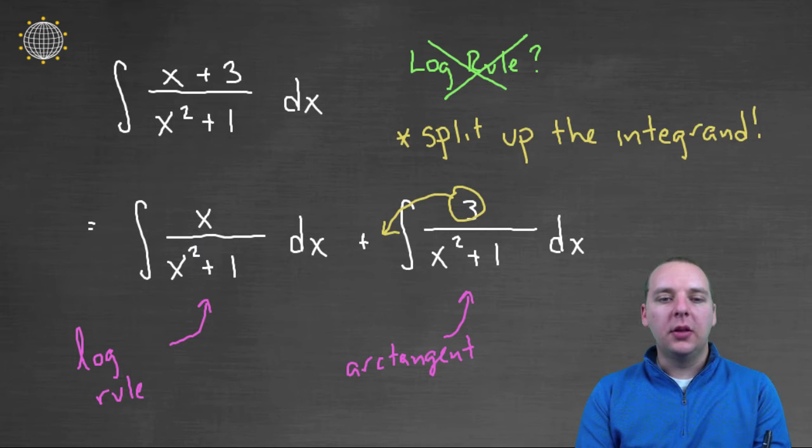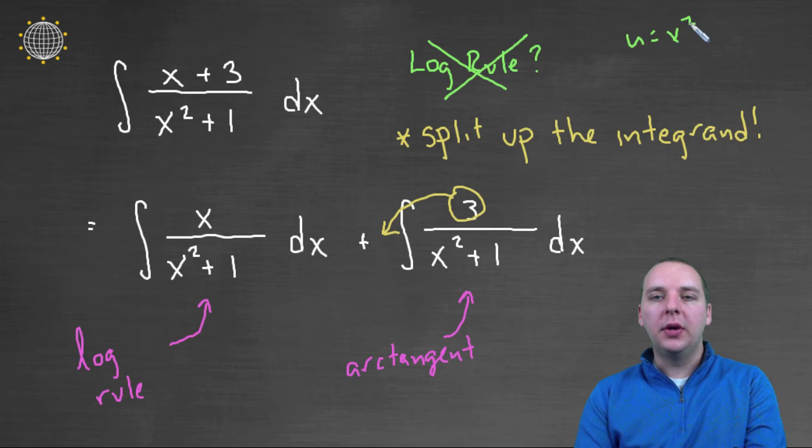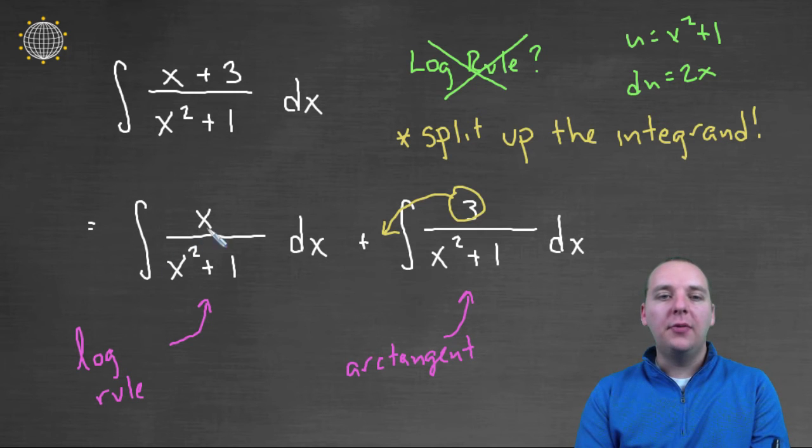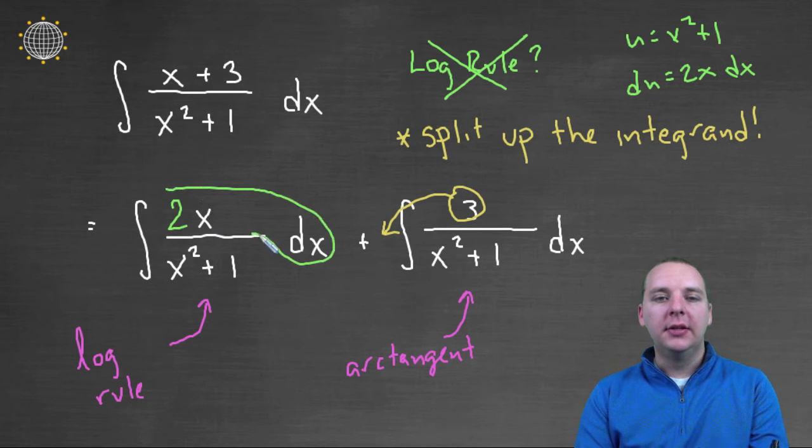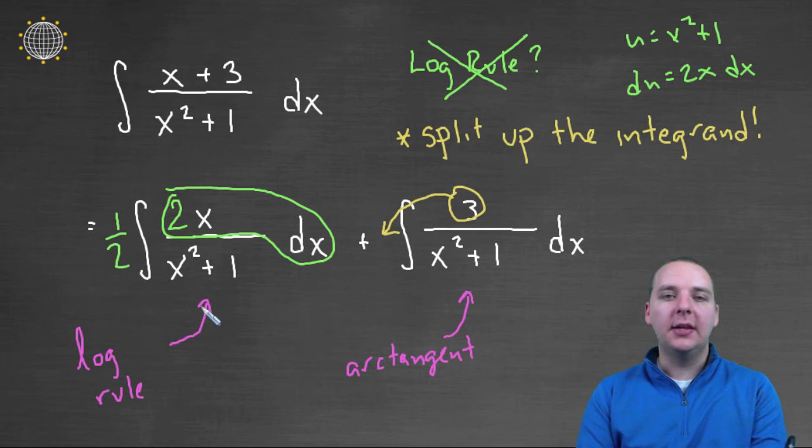So what are we going to do about the log rule? Well, if u is x squared plus 1, then du would be 2x. I only have an x, unfortunately, but that's not a big deal. I'll put a 2 on the inside because I need one, so this becomes 2x dx, and I'll balance the 2 with a 1/2 on the outside of the integral to maintain the equality.